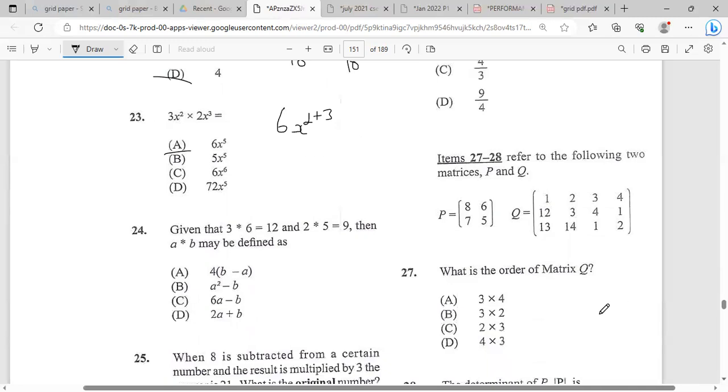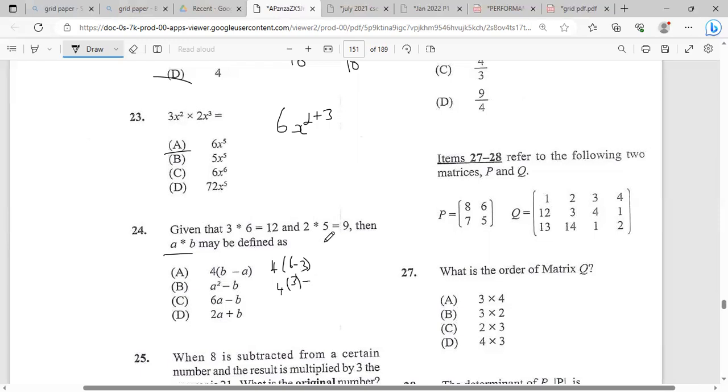Given 3 asterisk 6 is equal to 12, and 2 asterisk 5 is equal to 9, then A asterisk B is, so we must find the formula, so I'm gonna start with this one. All right, so B, that is 6 minus 3. This, work out the bracket first. That works out to 12. Yeah.